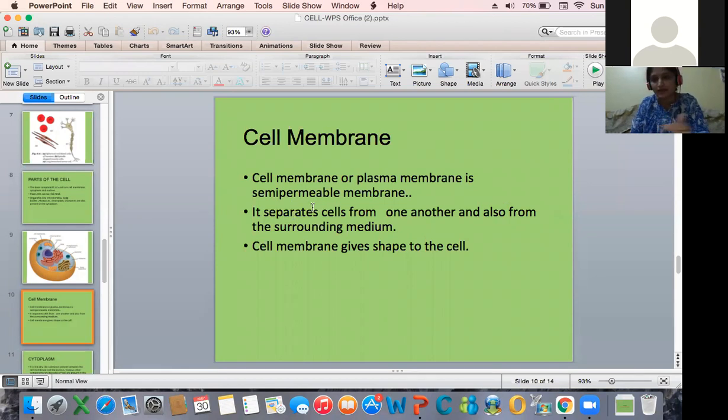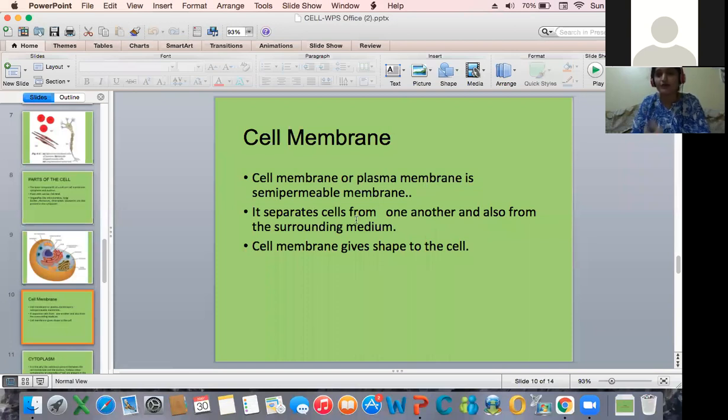Semi-permeable means it allows some of the nutrients and minerals to pass through it, and it will not allow some of the material to pass through it. It permits only some. So it is called a semi-permeable membrane, and it is also called a plasma membrane.